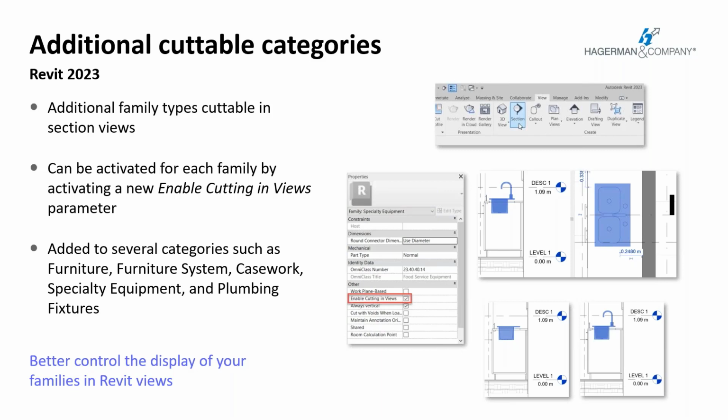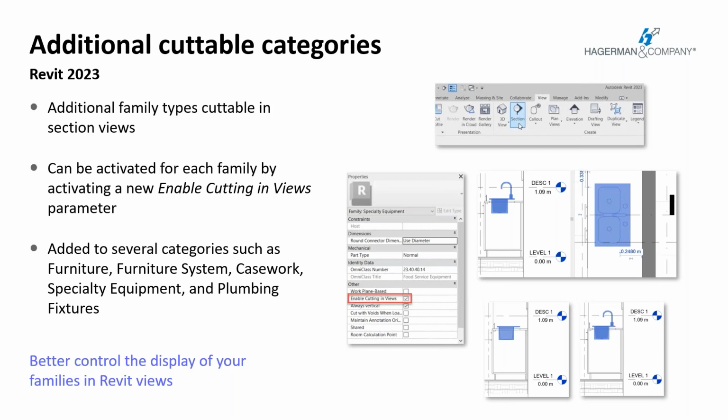Additional cuttable categories. This is great. So when creating section views, in Revit, objects are generally cut automatically when the section plane passes through the solid geometry.